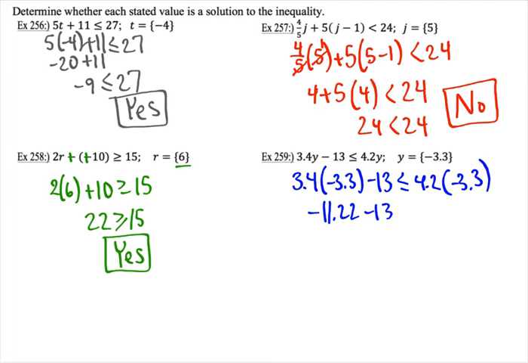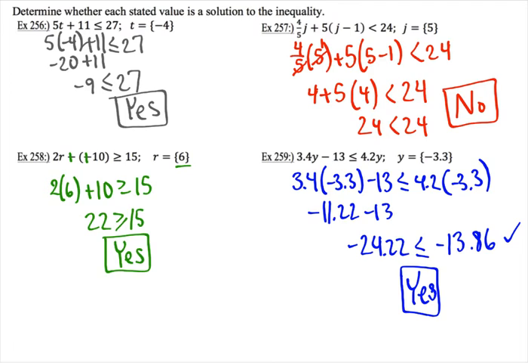Let's go ahead and subtract 13 and see what we get. This is -24.22. And then 4.2 times -3.3 is -13.86. Now here we do have a true statement. -24.22 is less than -13.86. So yes, this is a solution.